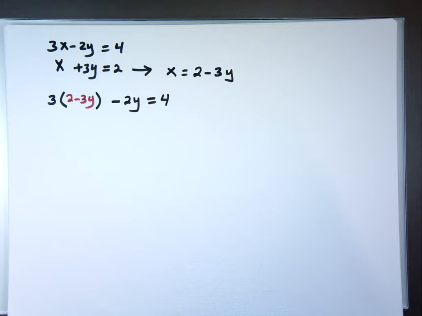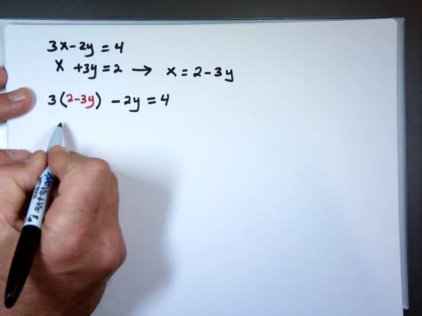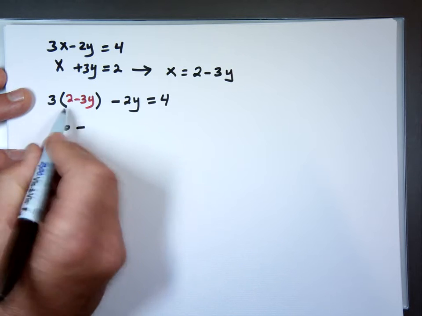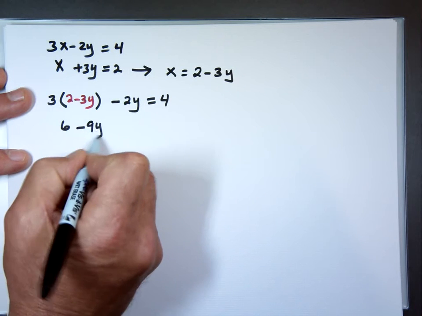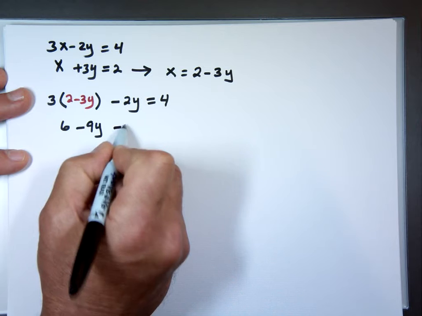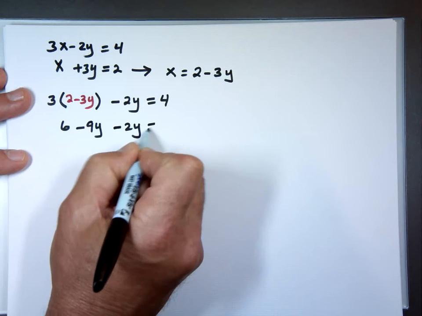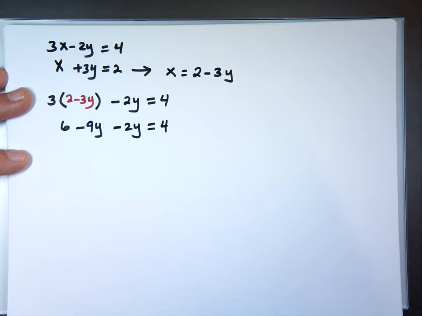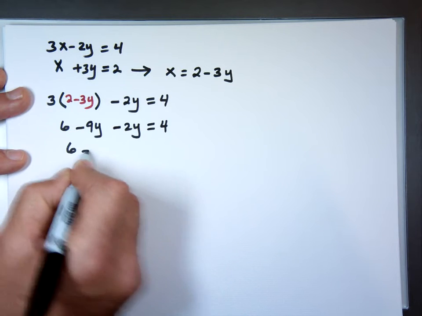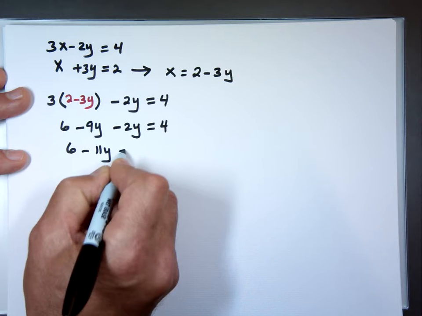Let's solve this one. 3 times 2, 6, minus what? 9y minus 2y is equal to 4. 6 minus 11y is 4.